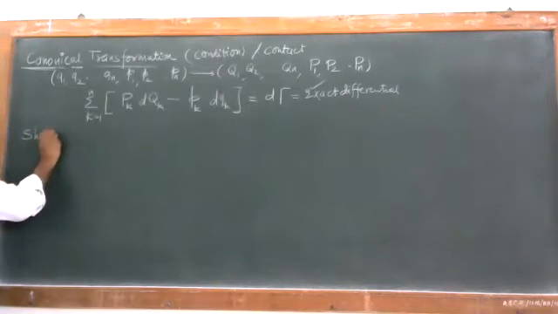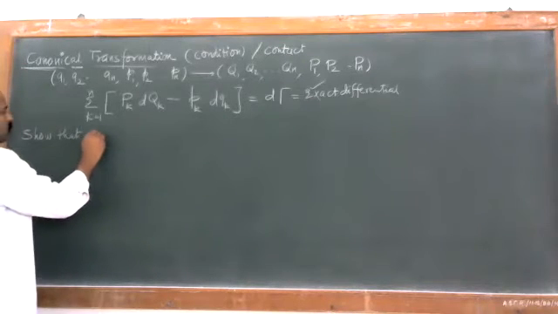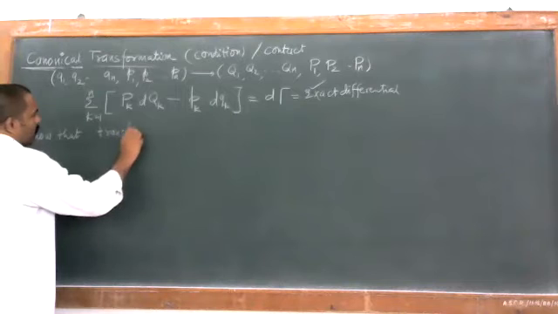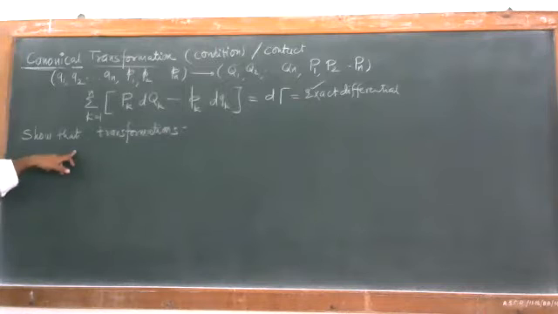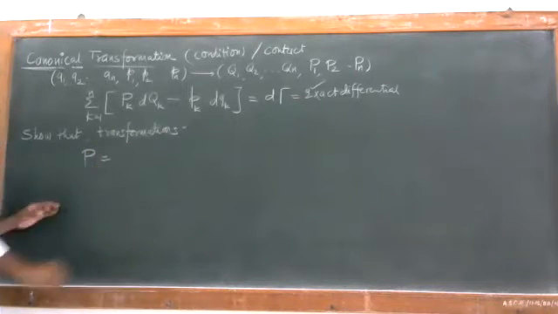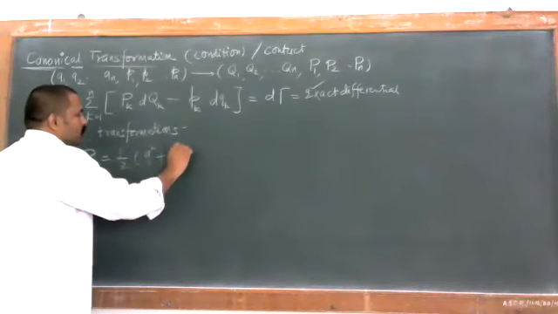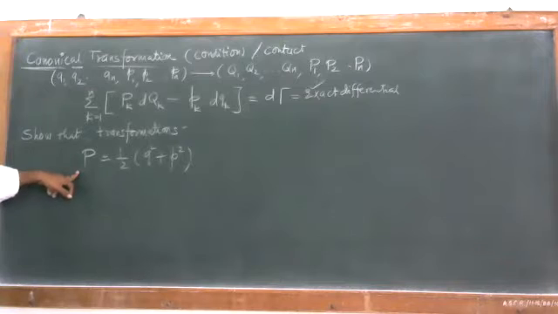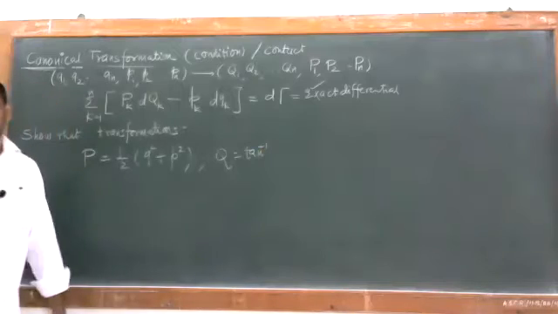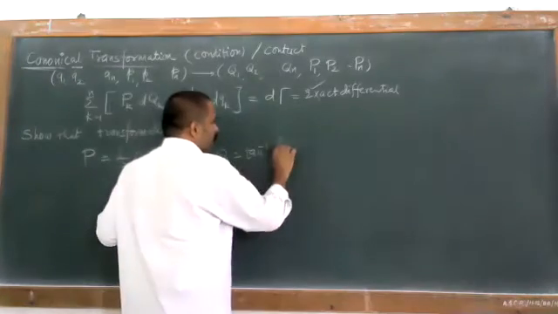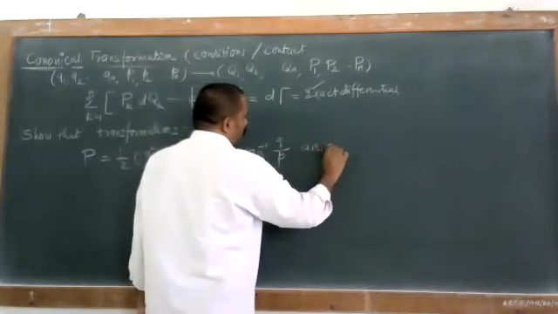We are asked to show that the transformations capital P is equal to 1/2 (q square plus small p square), and capital Q is equal to tan inverse of q upon small p, are canonical.